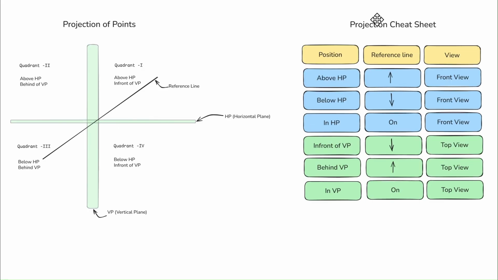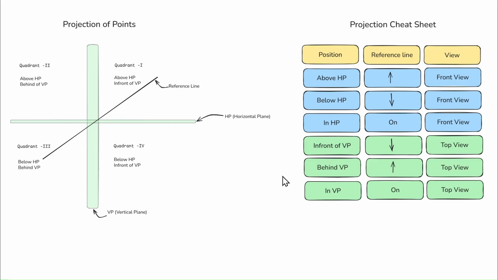And now you might be wondering, what is this projection cheat sheet? As I said earlier, I'll be explaining one short trick. So this is it. You need to remember this table. If you remember this table, you will be able to answer almost any question regarding this concept.